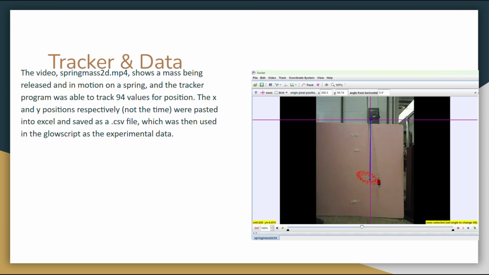The video was called Spring Mass 2D, and it took about 94 values for the position over the course of 94 frames. And then what I did was I took the X and Y positions individually, put them into a CSV file, removed the time values, and saved that CSV file, which could then be put directly into the GlowScript model.